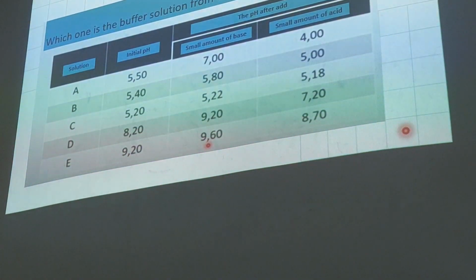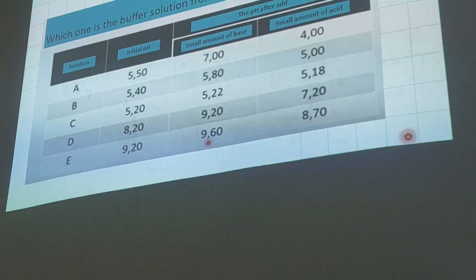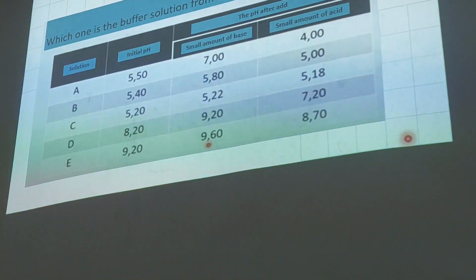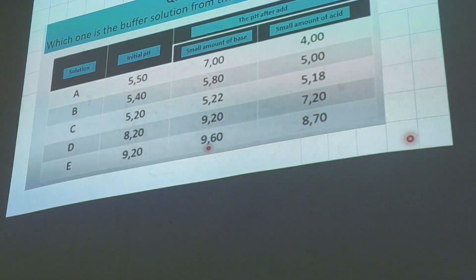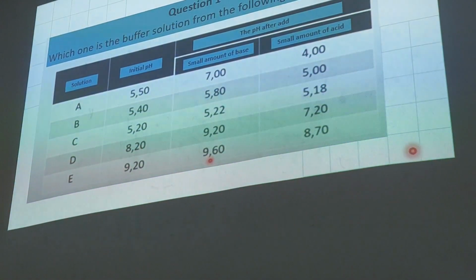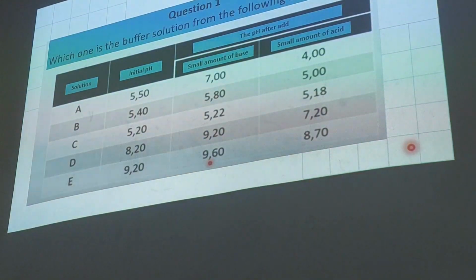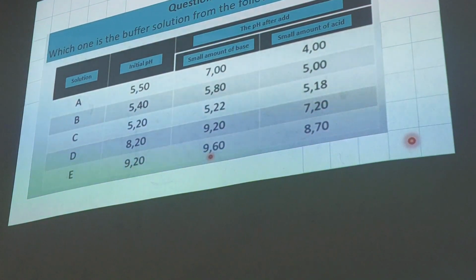What is the buffer solution definition? A solution that, the solution that, come on.